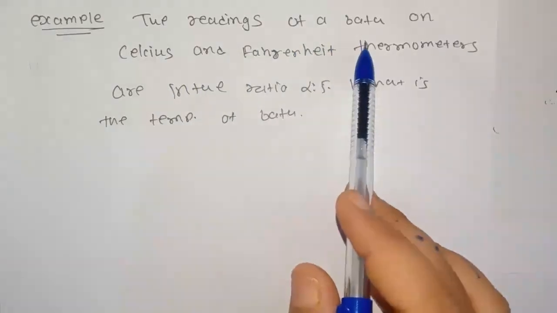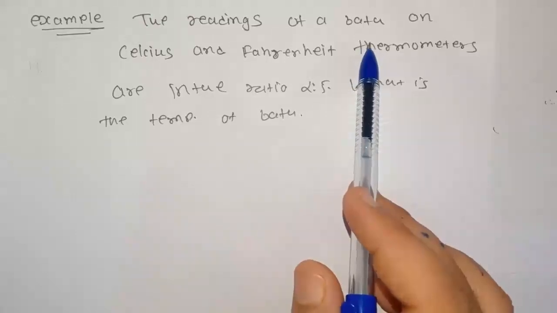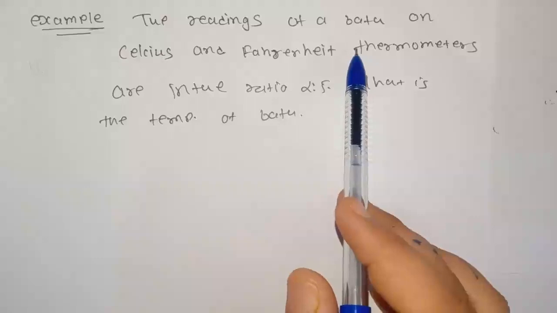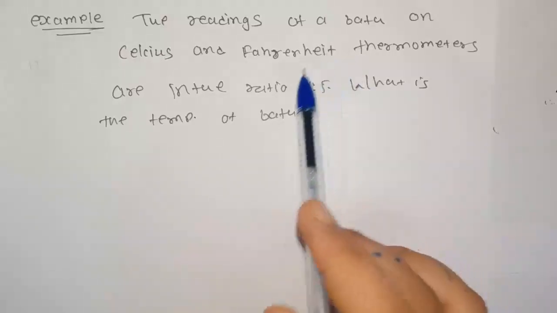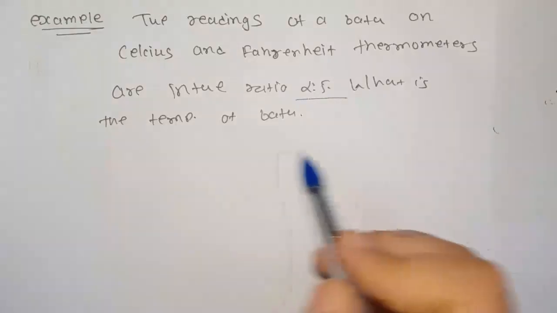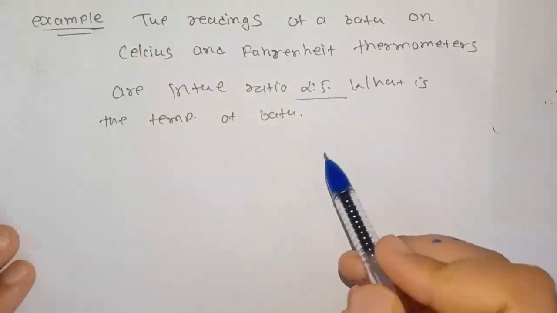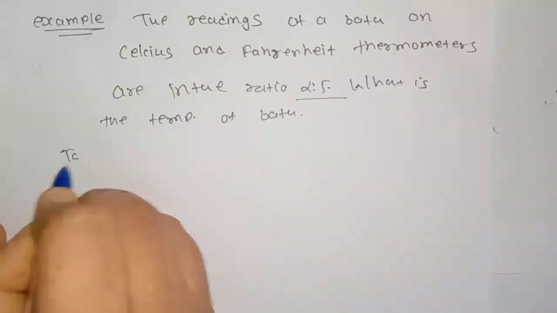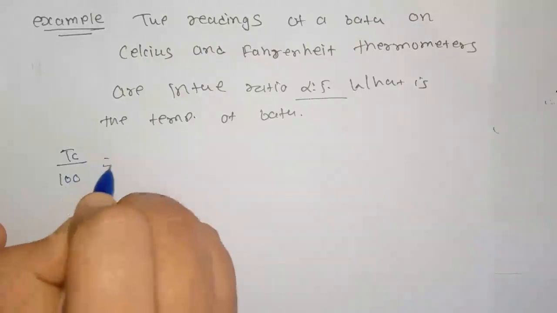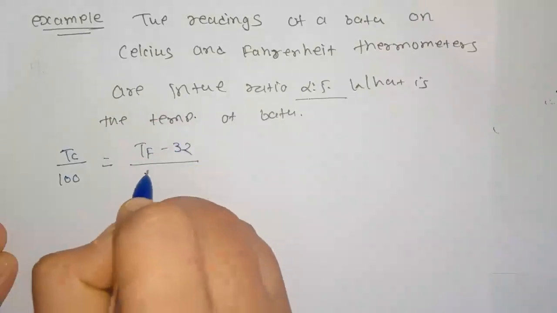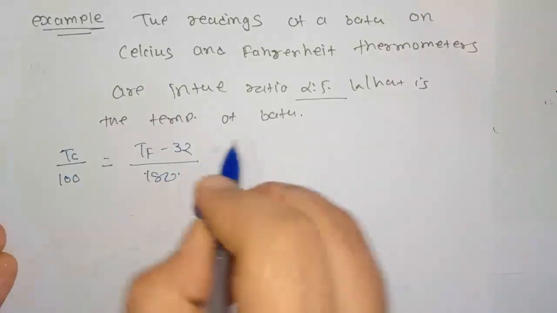In this example, the readings of a bath on Celsius and Fahrenheit thermometers are in the ratio 2:5. We want to find the temperature of the bath. The Celsius and Fahrenheit scales are related as Tc upon 100 is equal to (Tf minus 32) divided by 180.